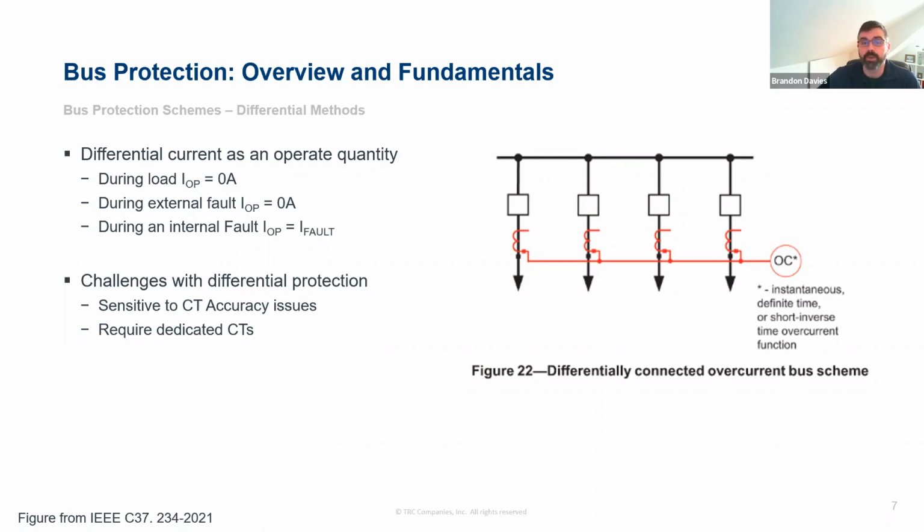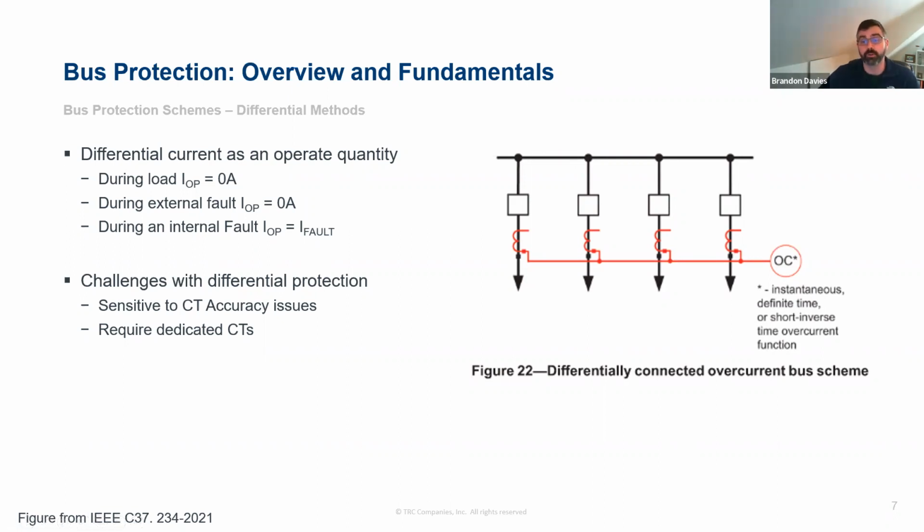Differentials are probably one of the best when it comes to that, because you can see here during normal operation or a fault that we don't want the differential scheme to operate for, we are going to be somewhere very near 0 amps of operate signal. And then for an internal fault, we're going to have a very large fault current.